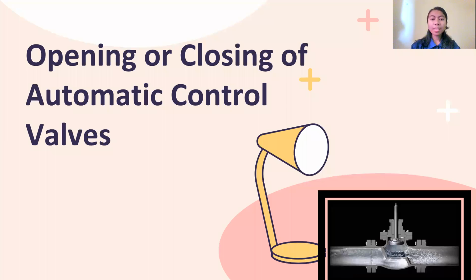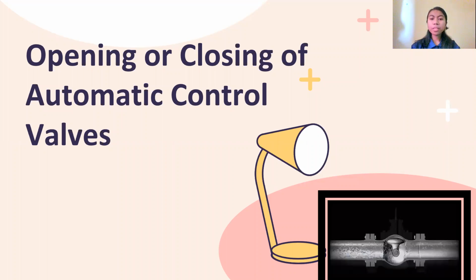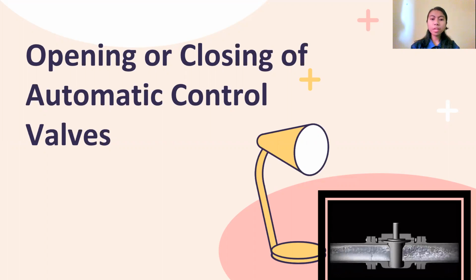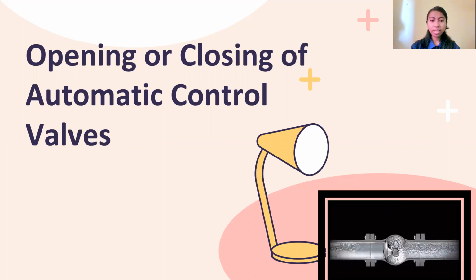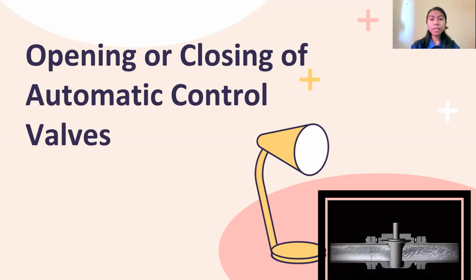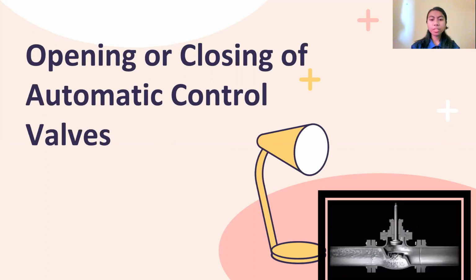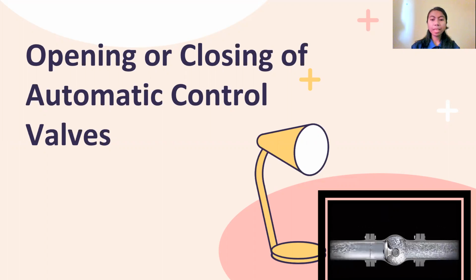Now, I'd like to move on to the opening or closing of automatic control valves. The opening or closing of an automatic control valve is usually done by electric, hydraulic, or pneumatic actuators, normally with a modulating valve, which can be set to any position between fully open and fully closed.